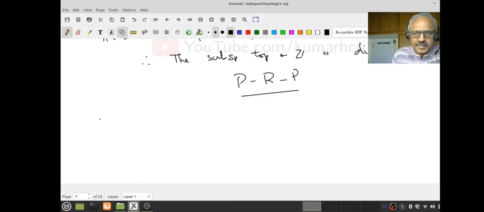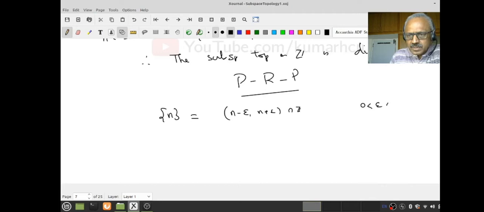Okay, now notice that this singleton n is n minus any epsilon intersected with Z as long as 0 less than epsilon less than 1, right? Therefore, if you call this U epsilon, now what I am trying to show, you understand?